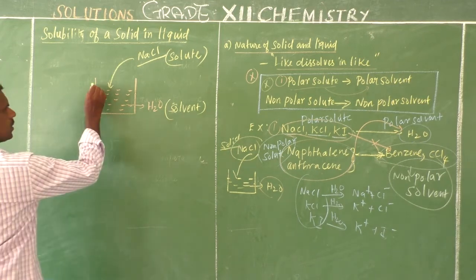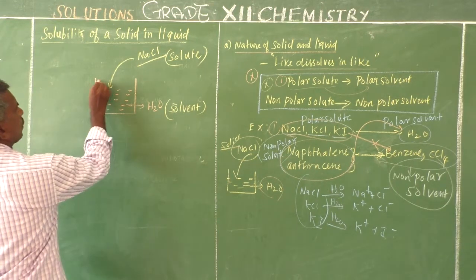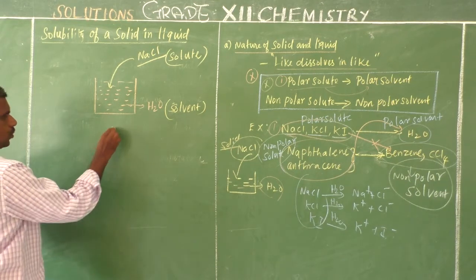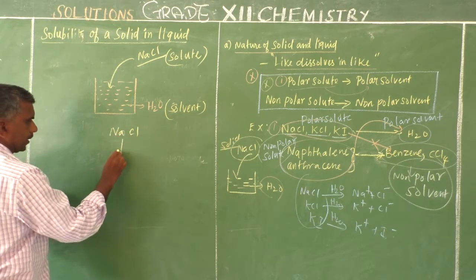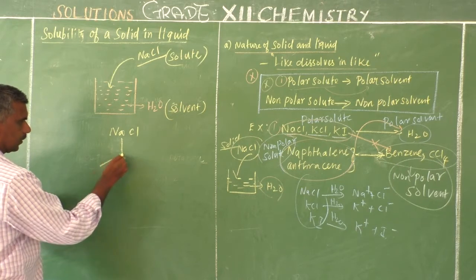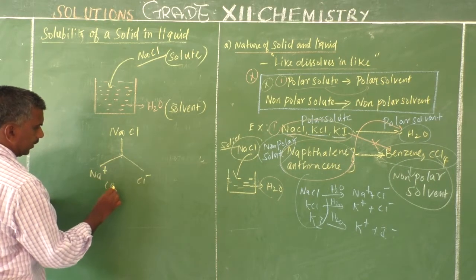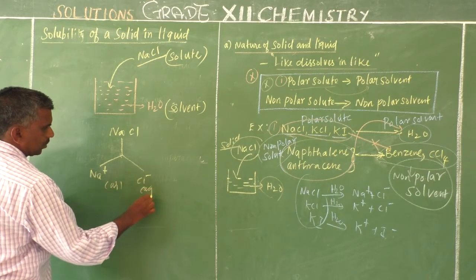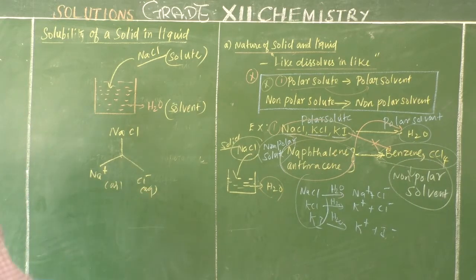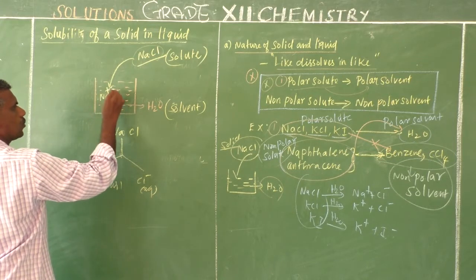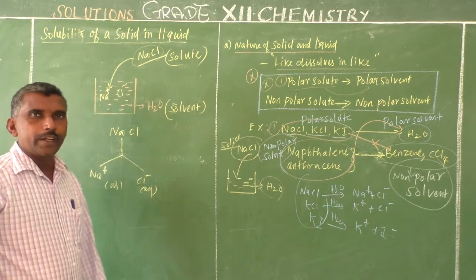What happens when sodium chloride dissolves in water? When sodium chloride dissolves in water, it forms sodium ions and chloride ions. When an ionic compound dissolves in water, it forms sodium ion and chloride ion.